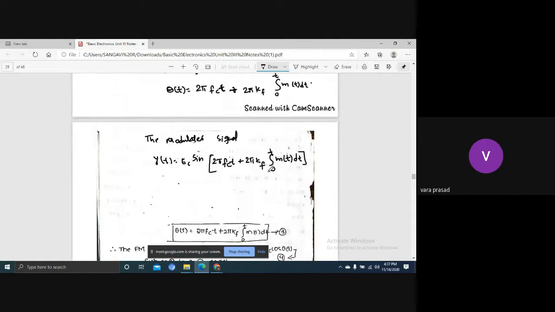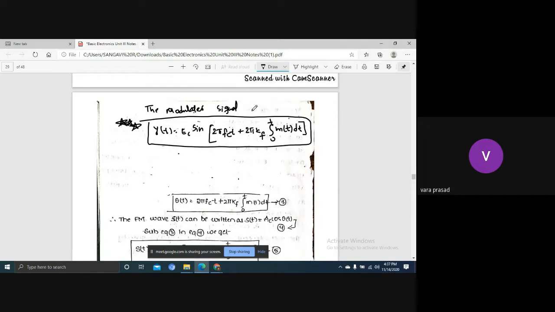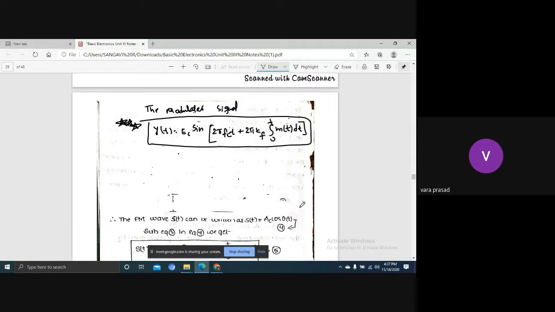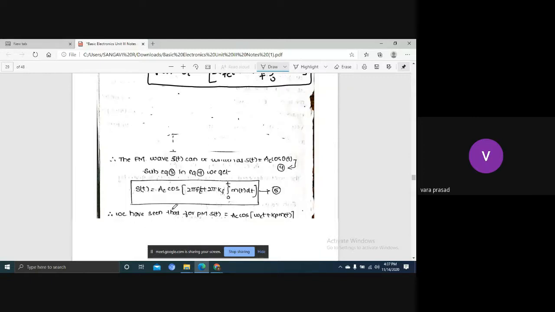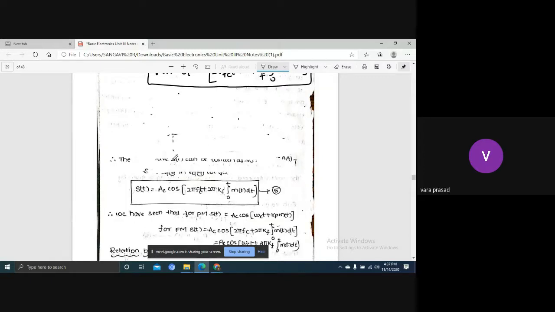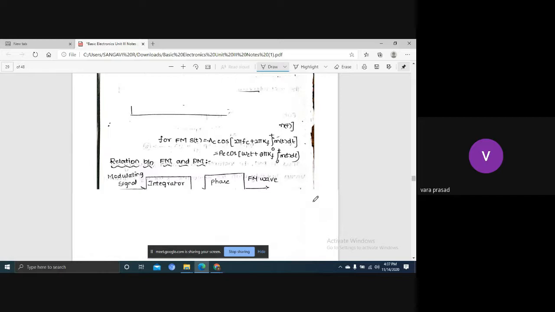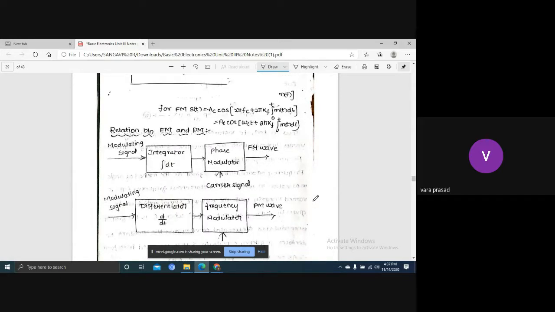This is the output equation. These all you don't want to write. This is enough. The same equation I have given in other words. That's it. This is about frequency modulation.